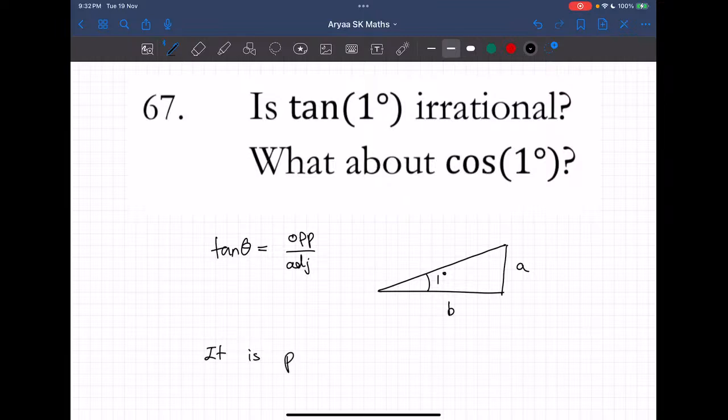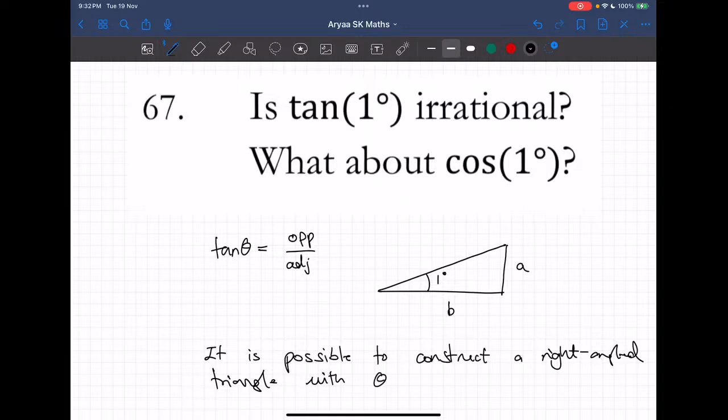It is possible to construct a triangle, or I should say a right angle triangle, with theta equal 1 degree.